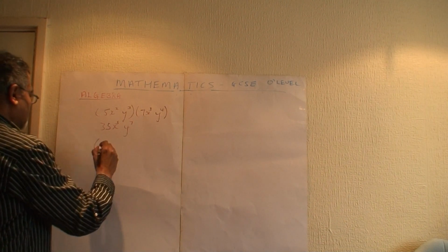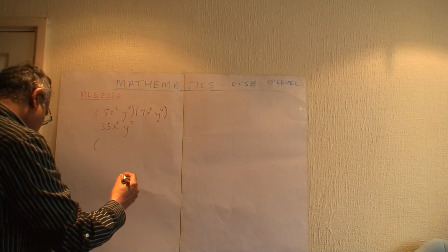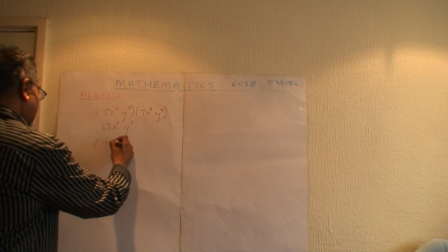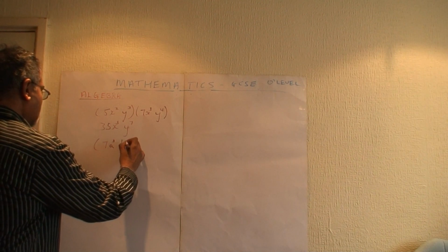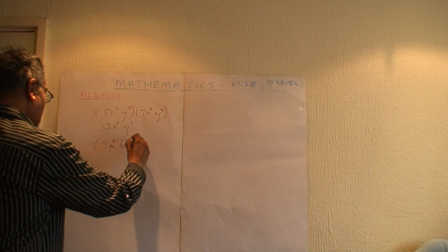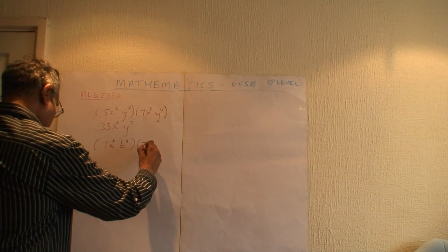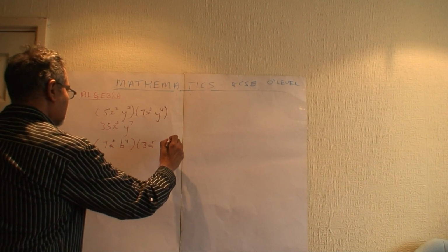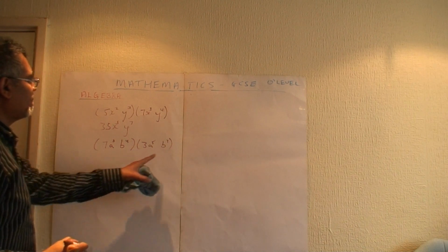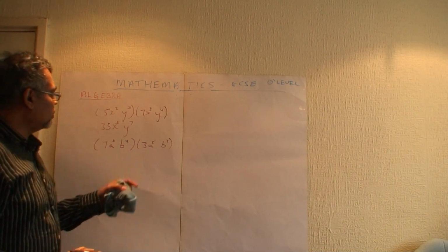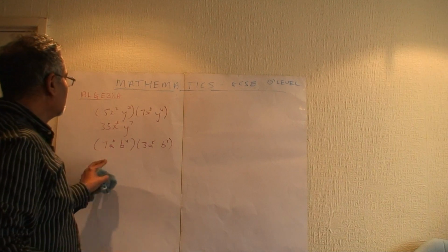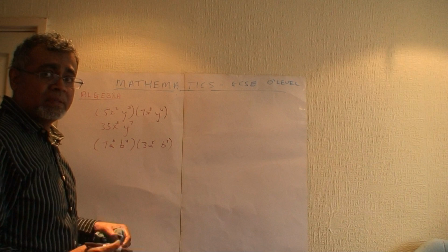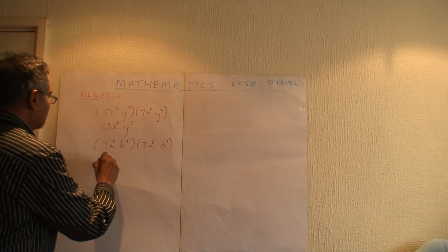Okay, we have another one, say 7a cubed b to the 4th power times 3a to the 5th power b to the 7th power. Again, we go for all the like terms. We multiply 7 and 3, which is 21.